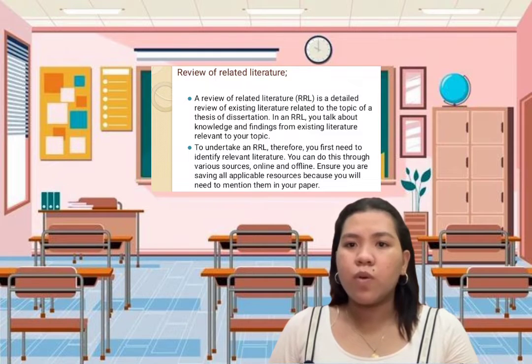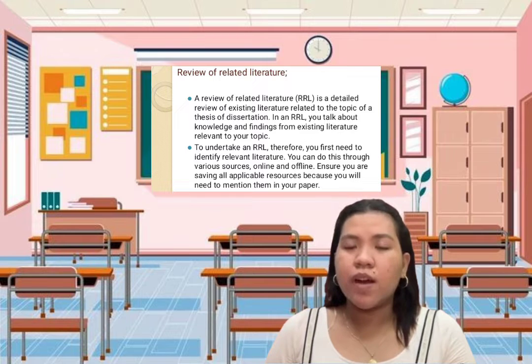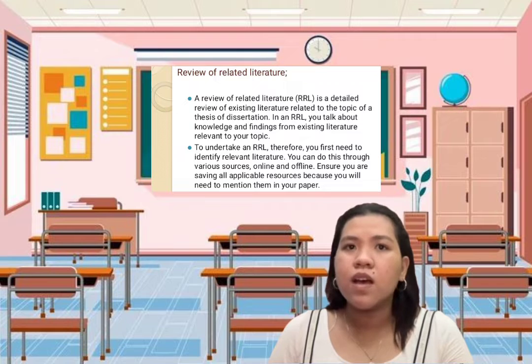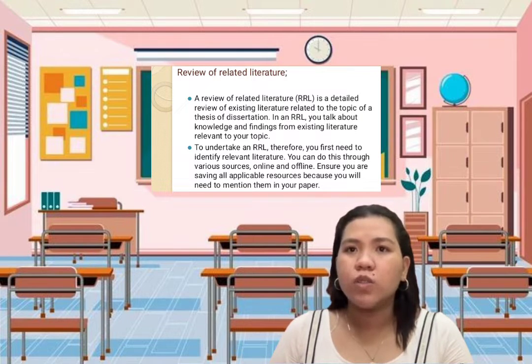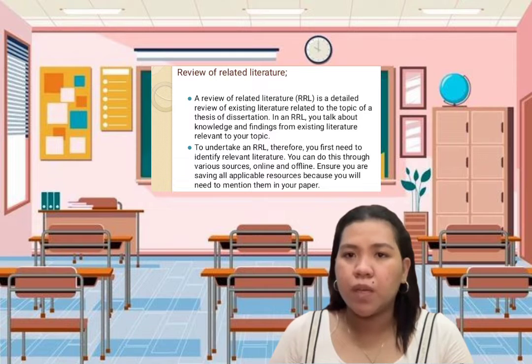Good day everyone, this is my report, review of related literature. A review of related literature, RRL, is a detailed review of existing literature related to the topic of a thesis. In an RRL, you talk about knowledge and findings from existing literature relevant to your topic.